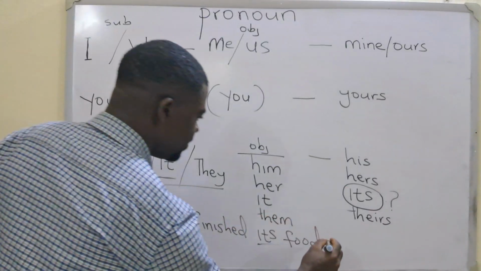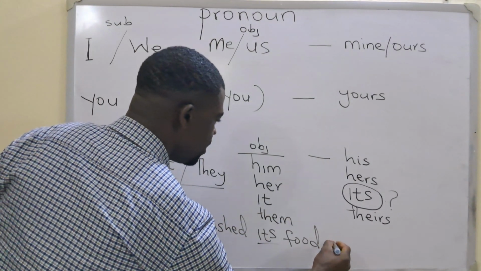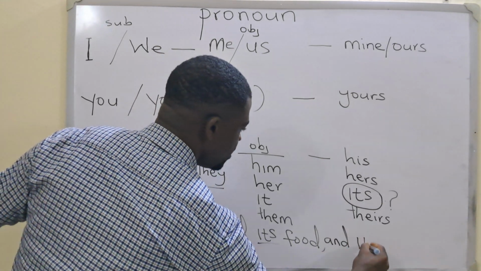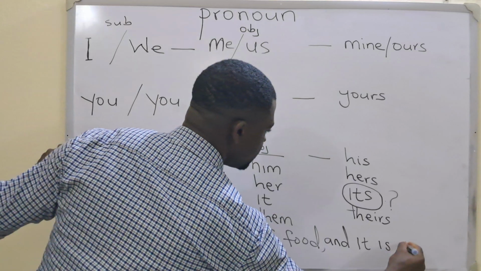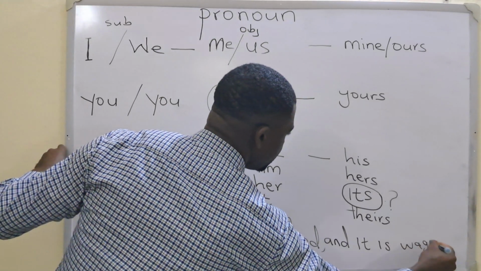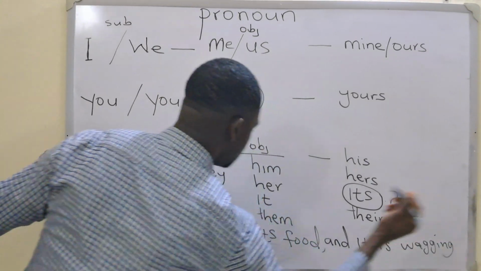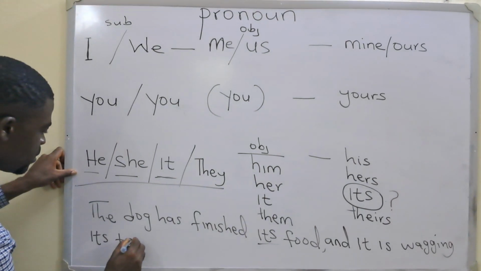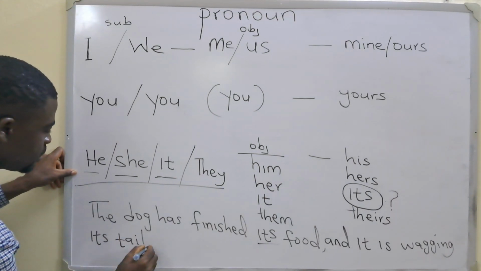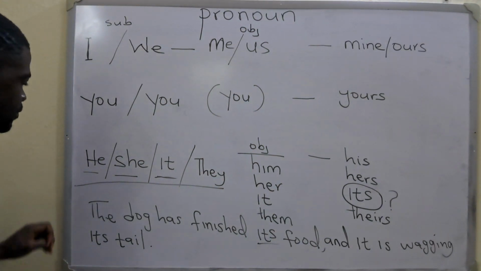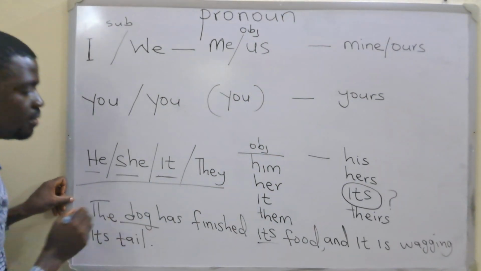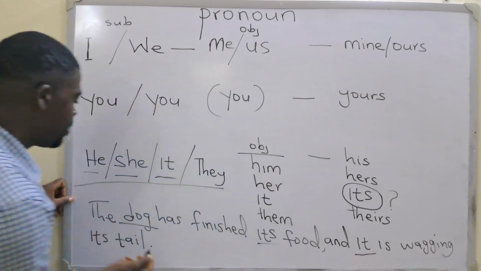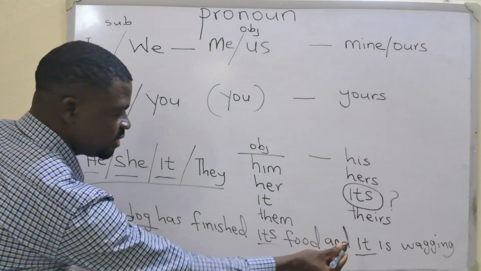That makes perfect sense. So let's say we put our comma here and then we continue. And it is wagging its tail. Good. Now, the dog, pronoun used in place of the dog in the second sentence.